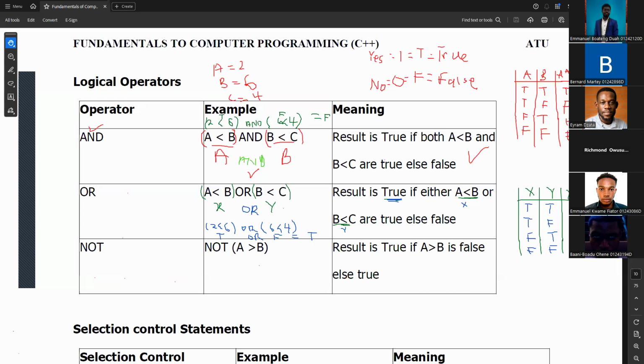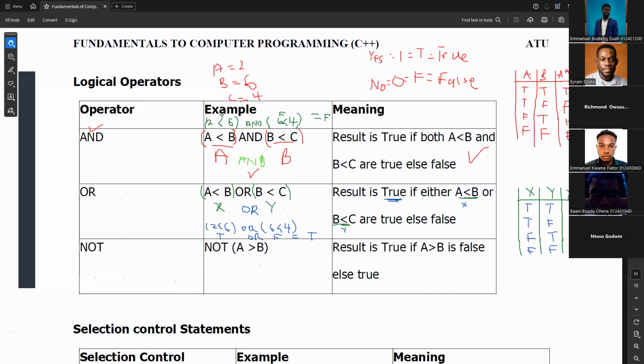Yes. Please, I have a question. The first diagram, you said X is true and Y is true. So it said result is true if either A is less than B or B is less than C is true, else false. So doesn't that mean that when both of them are true, the result is false? Repeat your question again. Which diagram? Is it the blue one or the red one?